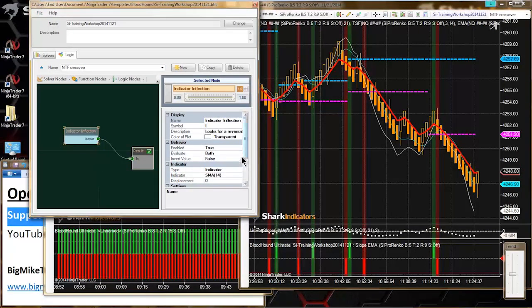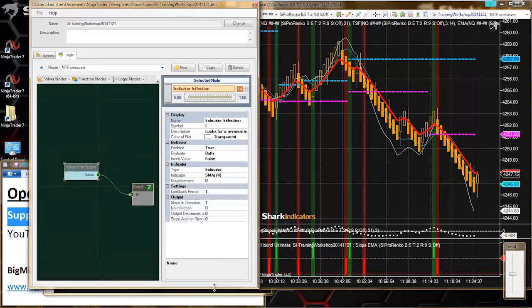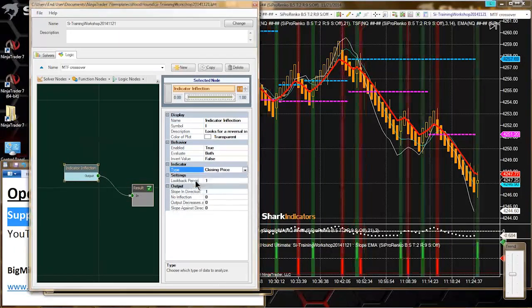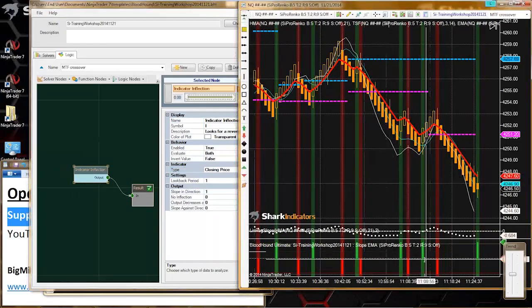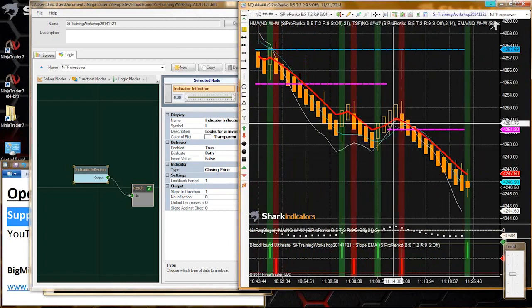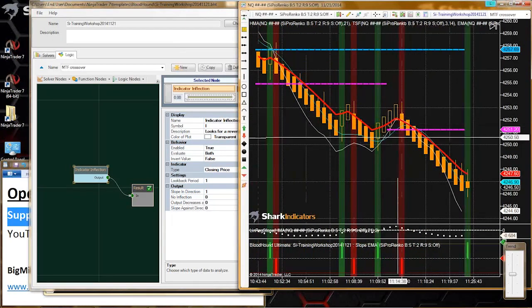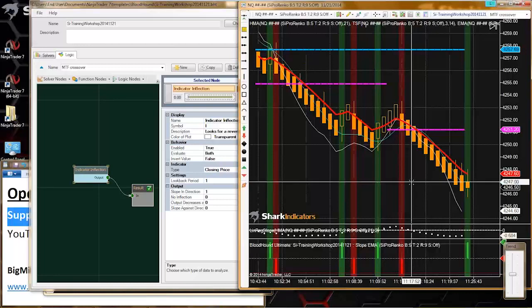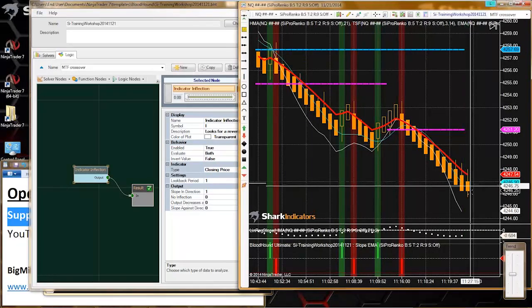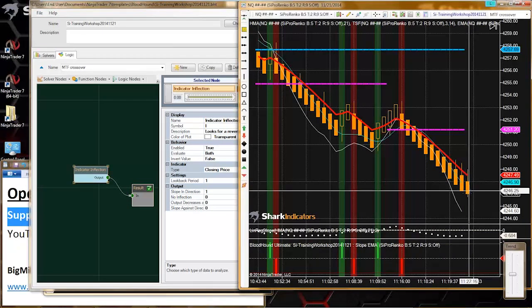All right, so item number 1 is essentially we're just looking at the closing price. That's the first thing that we want to know: did the closing price change directions on us like so? And oh yeah, look at this. See how this inflection solver is operating right now.